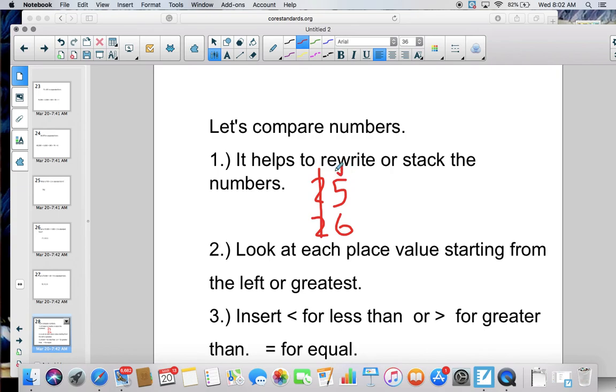Then I go to the 1's, and I notice that the 6 is greater. So I'm going to write 25 is less than 26. Notice the symbol. If it helps, put 1 dot here, 2 dots here. The 2 dots are more, so it's facing the greater number. Or think about it as animal of your choice eating the most pizzas. Okay, we're going to stop there.